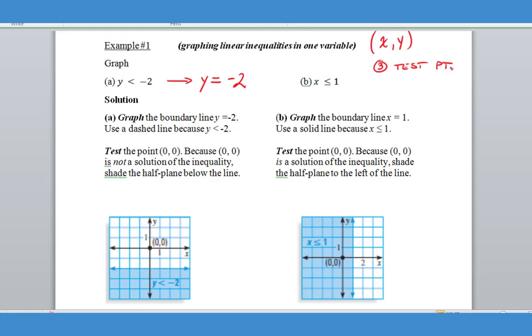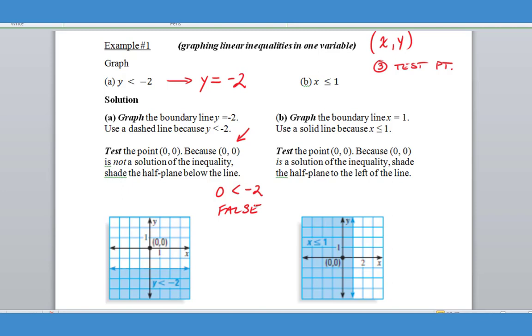We're going to take the y value from the 0, 0 point and plug it into the inequality. I'm going to say y is less than -2. If we say that 0 is less than -2 by replacing the y with 0, we can see that 0 is not less than -2. So this is a false statement.